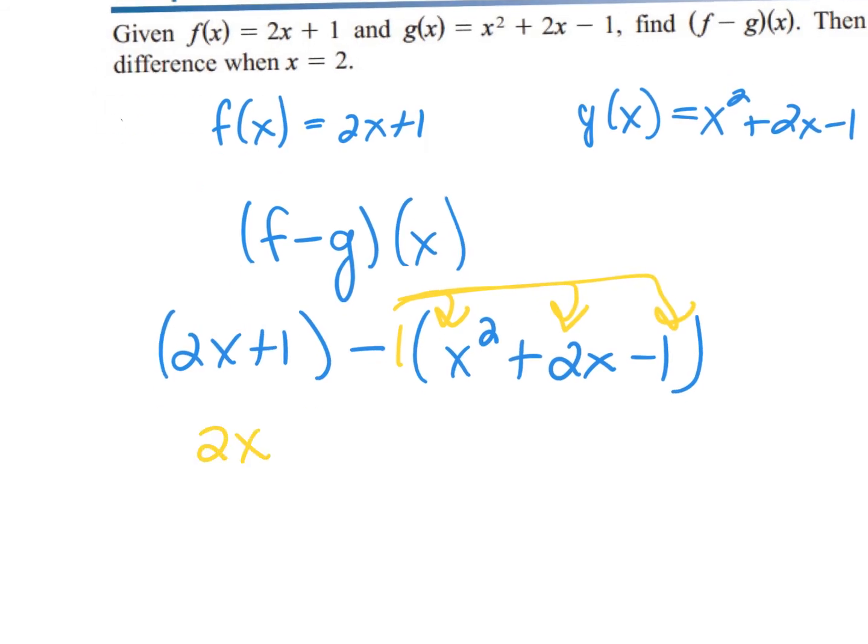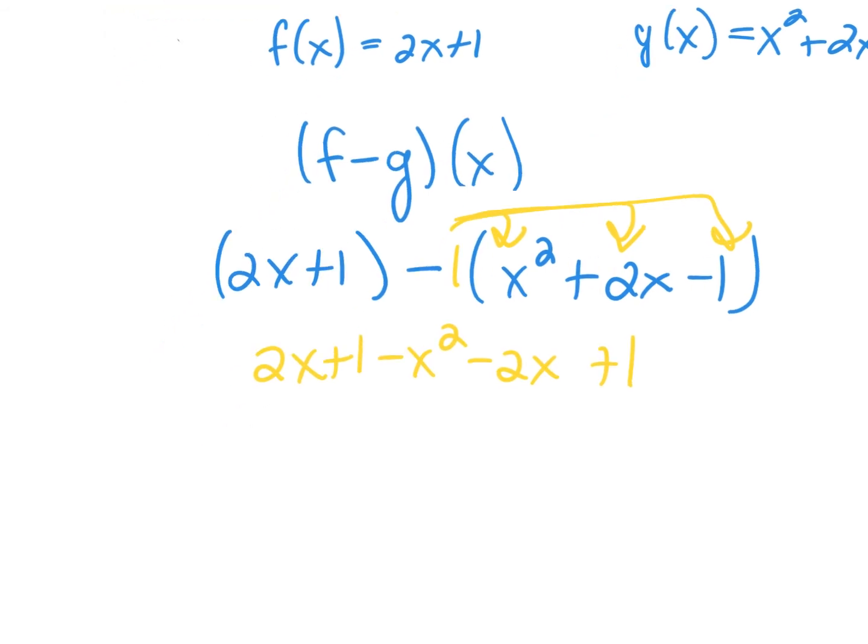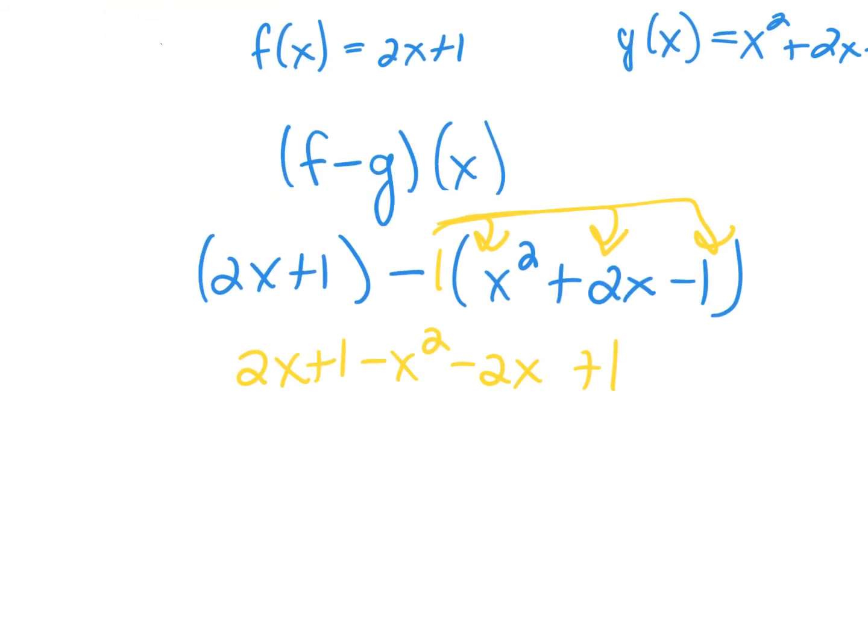So this becomes 2x plus 1 minus x squared minus 2x, and then what? Plus 1. So now when we combine like terms, guys, what's your highest exponent? Squared, right? So I have negative x squared. What happens with a positive 2x and a negative 2x? Ooh, they cancel, and then 1 plus 1 is 2.